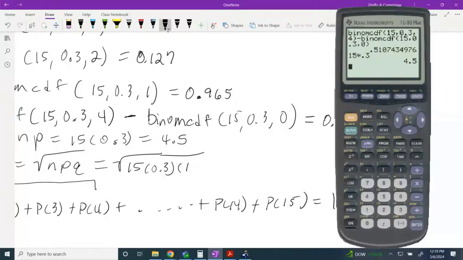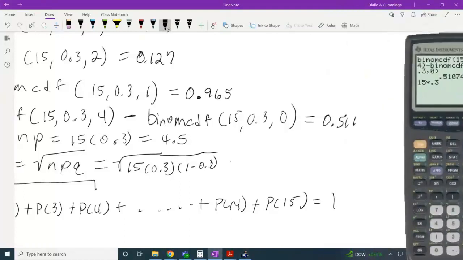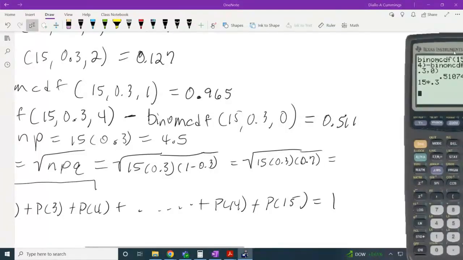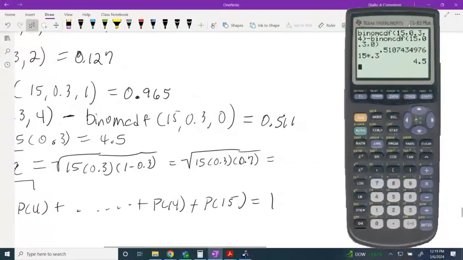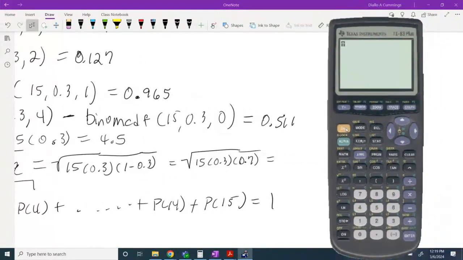So I actually write that in: 1 minus 0.3, that's Q. Then if I simplify, this is the square root of 15 times 0.3 times 0.7. And if we calculate it, the square root of 15 times 0.3 times 0.7, we get 1.775.